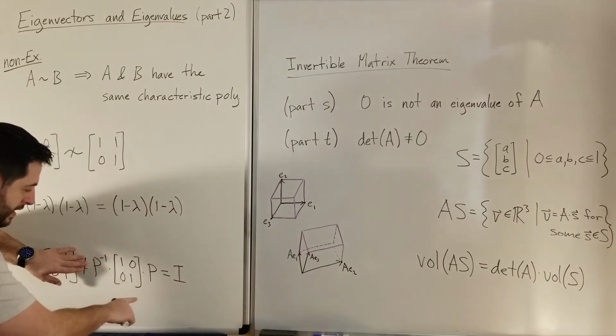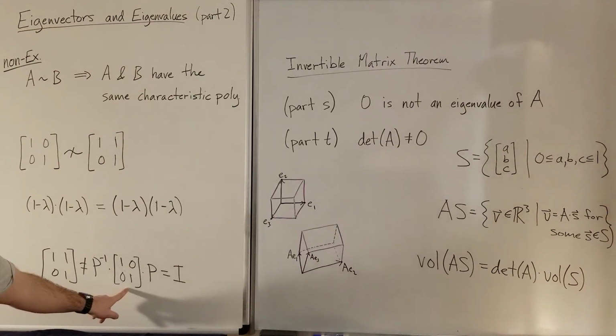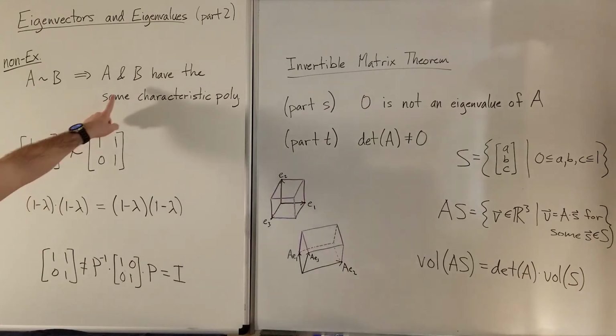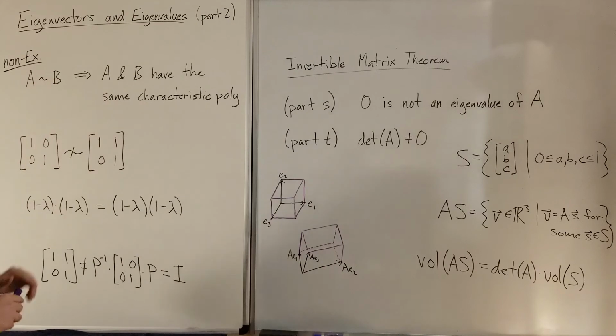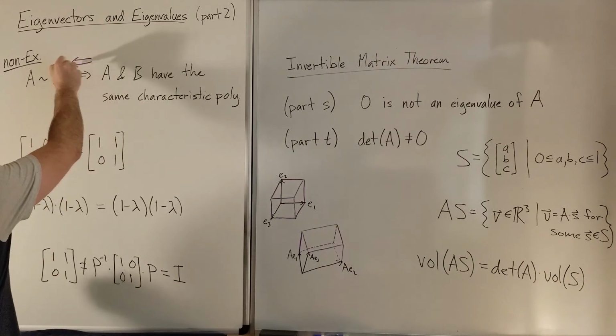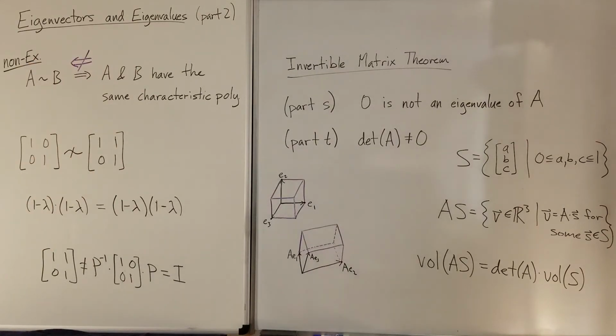And this cannot be equal to something that is not the identity. Therefore, this matrix and this matrix cannot be similar to each other. Okay, so they're not similar, but they have the same characteristic polynomial. So this implication that we have right here does not go backwards. It is not the case that if you have the same characteristic polynomial, then you are similar. So we cannot go the other way.